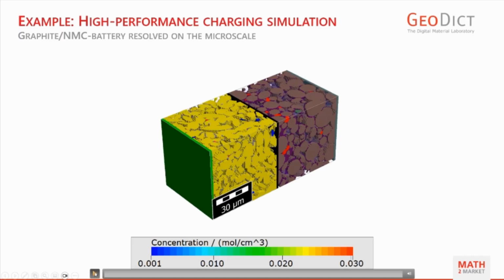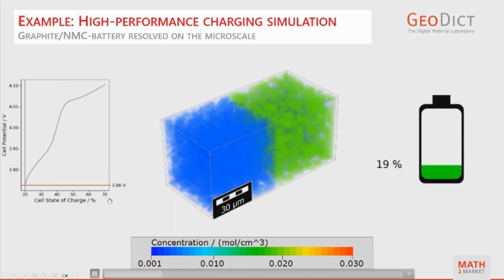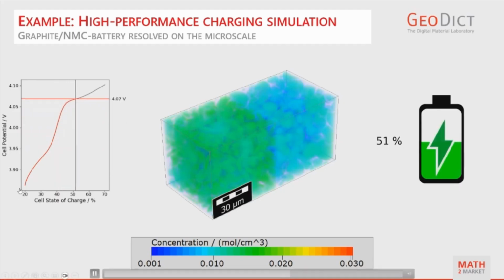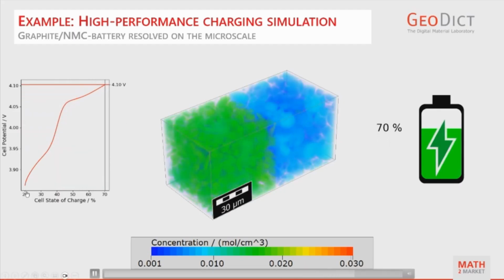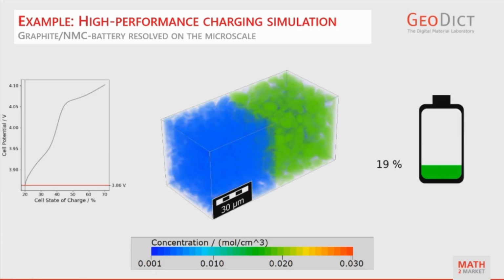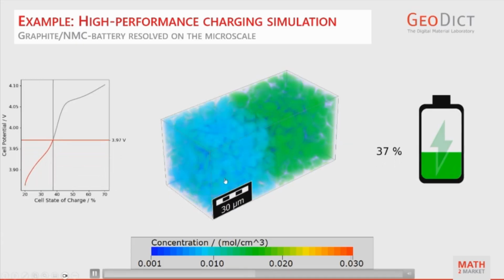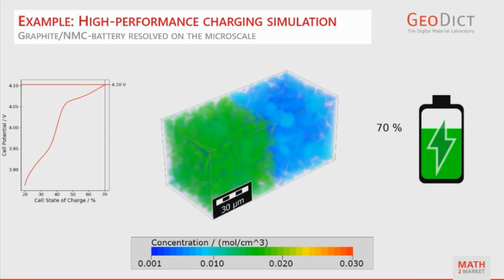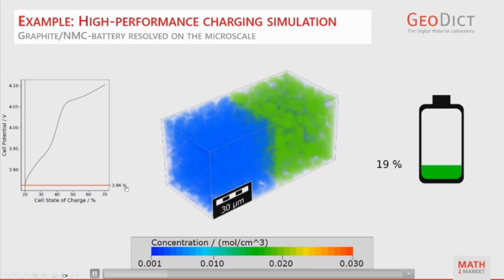If we start this, we will see the ion concentration color-coded during the charging of the battery, where we charge from 20% to 70% state of charge. Let this run again because it goes rather quickly. You see blue and green, which mean low and high concentration, and this switches sides in the course of the simulation.